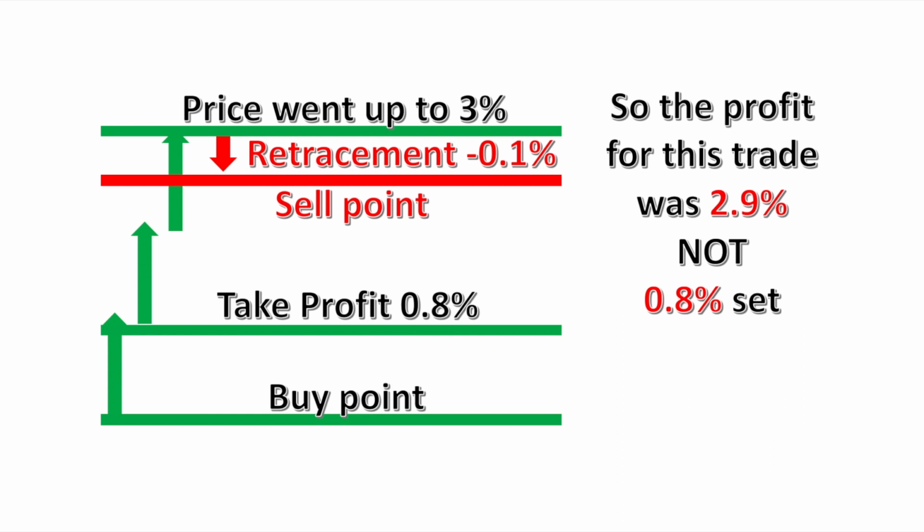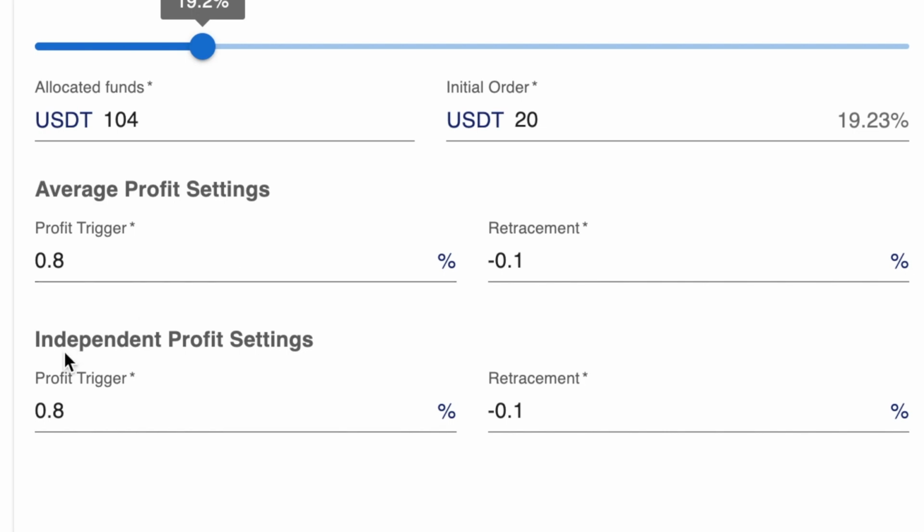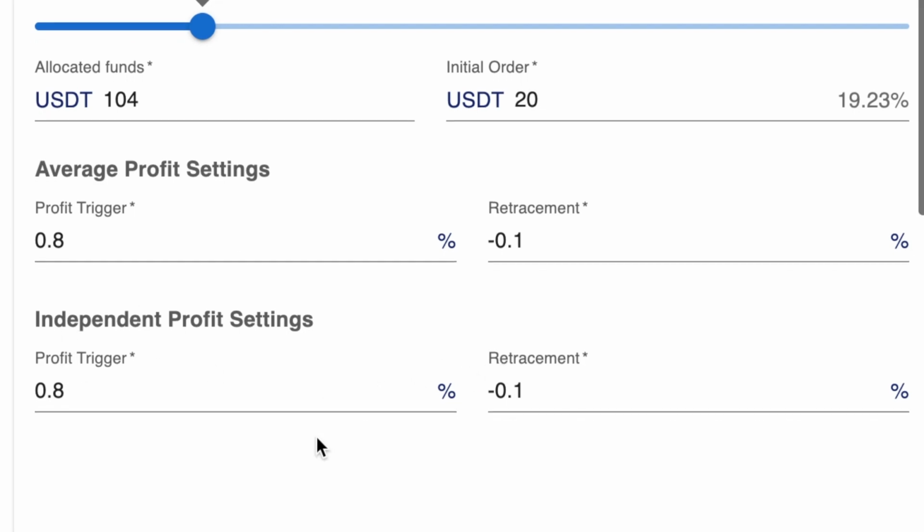So this robot has made a profit of 2.9% and not the 0.8, which was in the bot settings. So the price went up by 3%. There was a retracement of 0.1. So you ended up with a profit for this particular robot in this example of 2.9% profit. And that would be the same settings for the independent as well. So that would be the same movements that would have to happen.